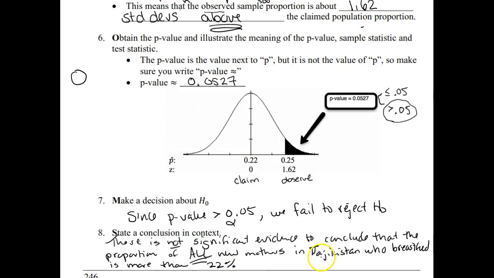Again, the power of inferential statistics is that we are concluding for all, the entire population, based on evidence we saw in just a sample.